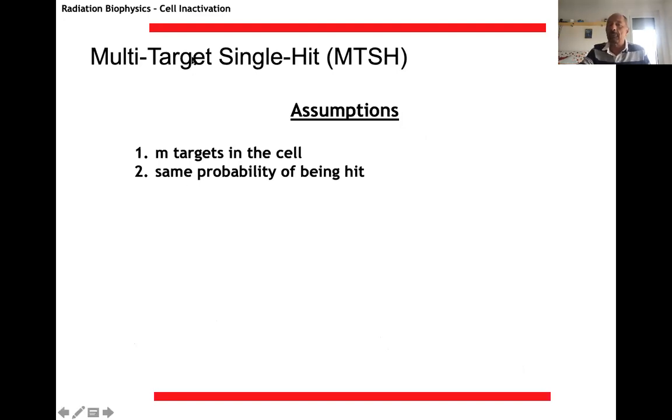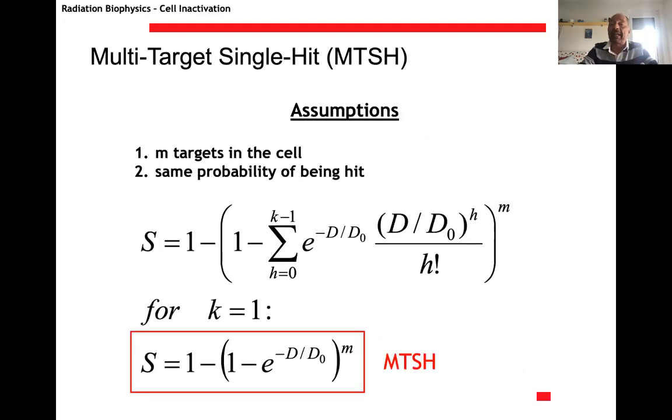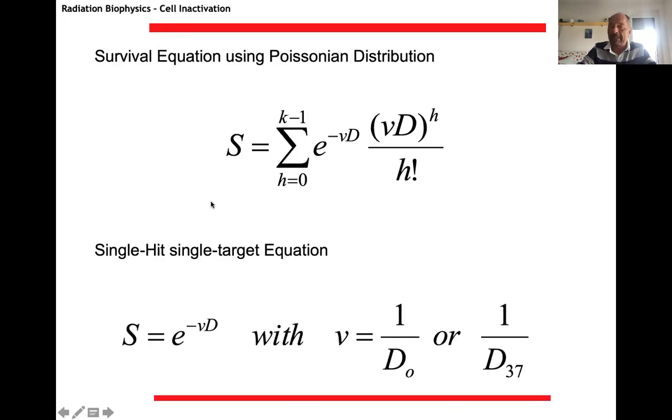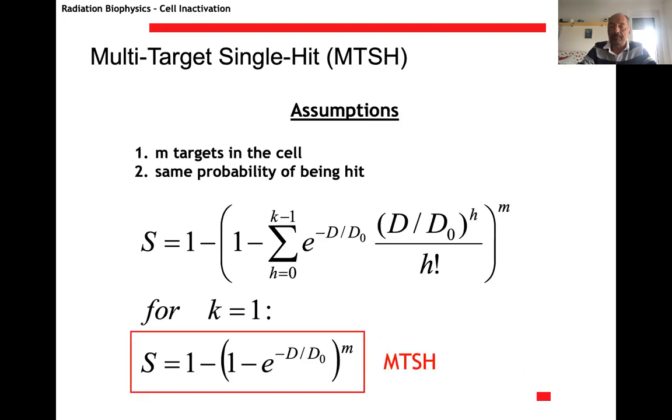You have the so-called multi-target single hit, where essentially you assume that there is not a single target, but that there are M targets in the cell. If you have M targets in the cell, then the previous equation, where you assume that there is only one target, becomes this one.